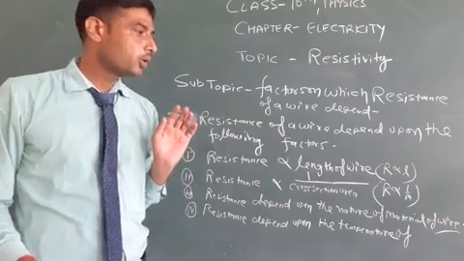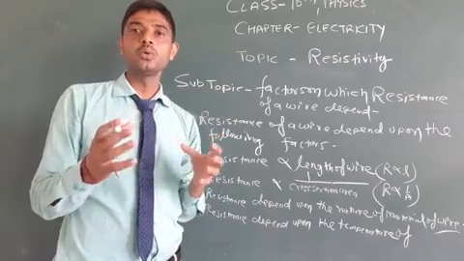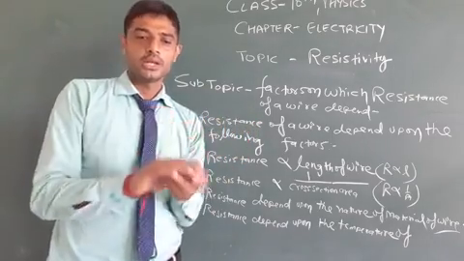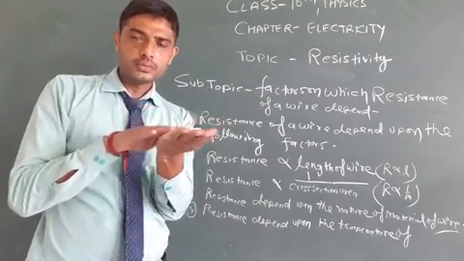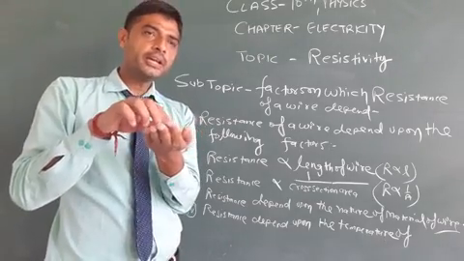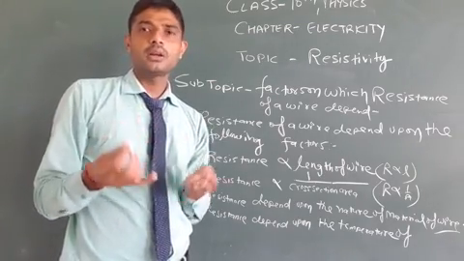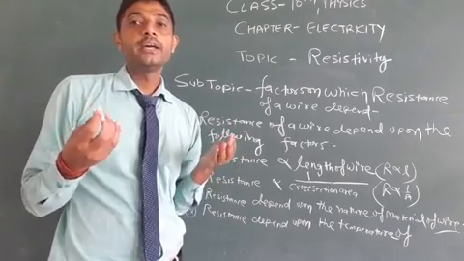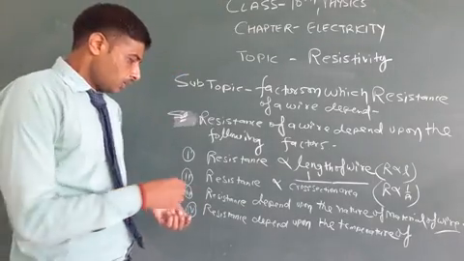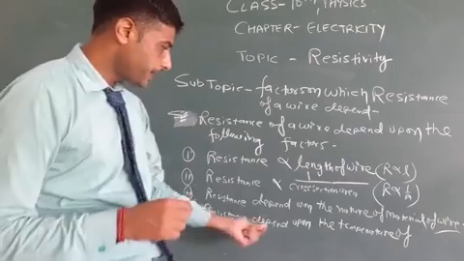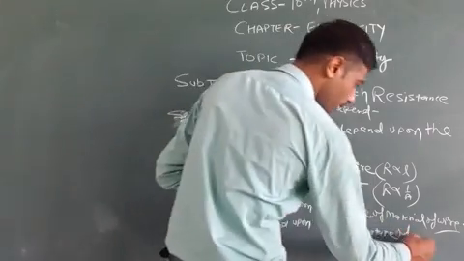Why? Because when temperature increases, free electrons start to collide with each other. If these are electrons flowing through a wire, they start to collide, and when electrons collide, they lose energy.